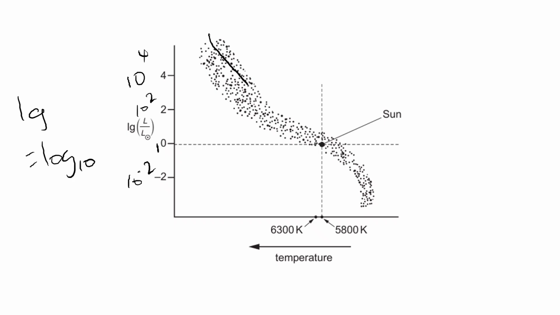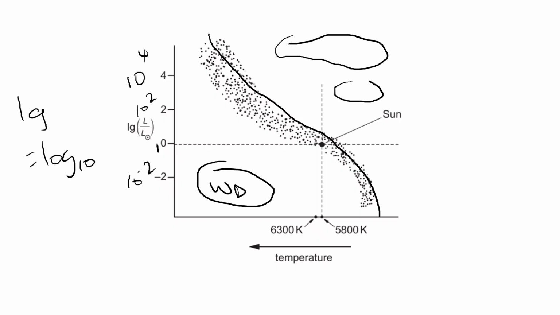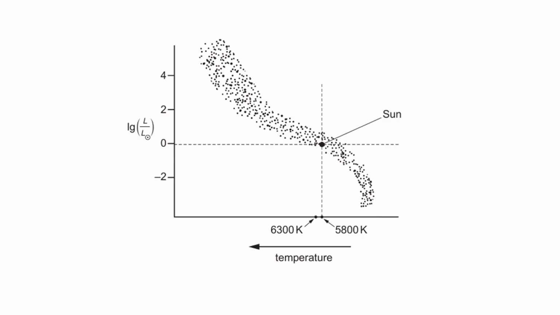This is your main sequence, right? This is your main sequence. Here you have your white dwarfs. Here you have the supergiants, and then here you have the giants. Don't forget that the temperature is going backwards, right? When I say backwards, I mean the temperature is increasing from left to right.